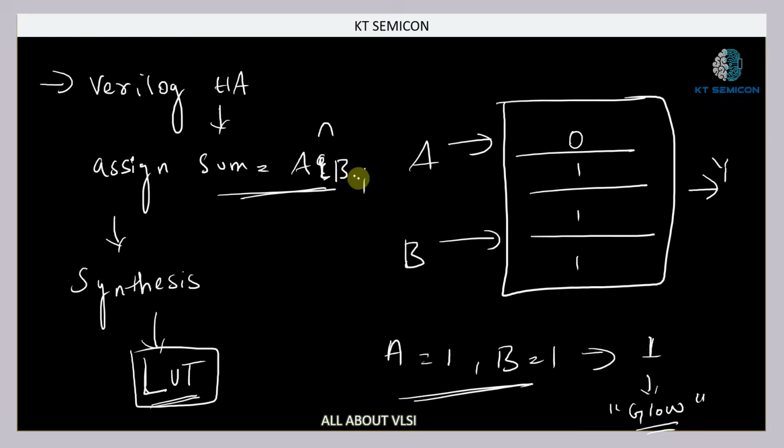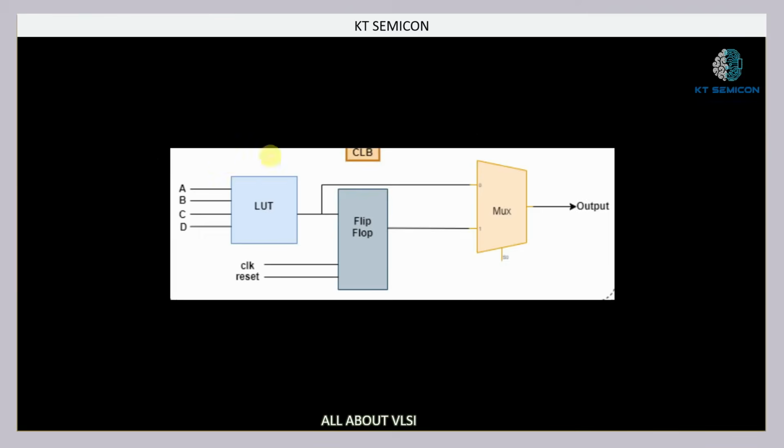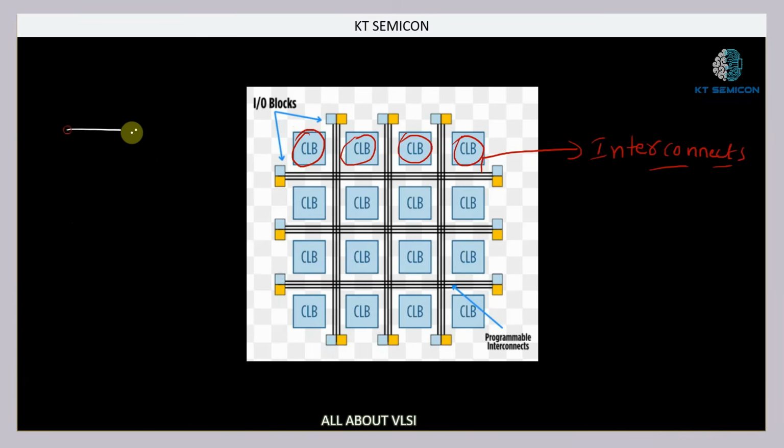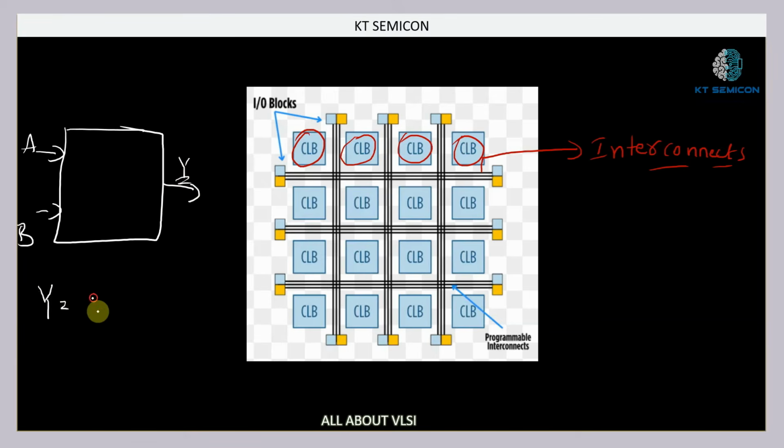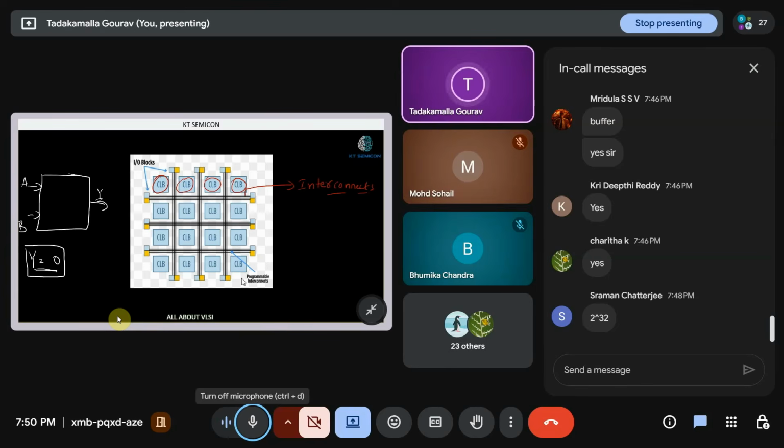Okay, let me give you a brief idea. Let's say I have a black box, and this black box has two inputs. I don't know the functionality of this black box, right? So this is my output Y. Now, this output Y can be zero, right? That means I'm not going to get any output, that is Y is equal to zero.